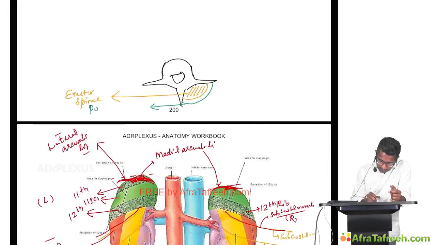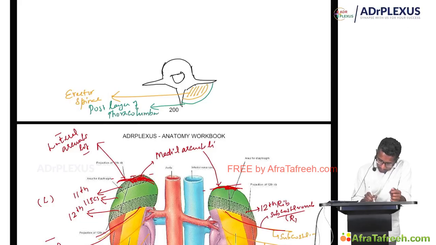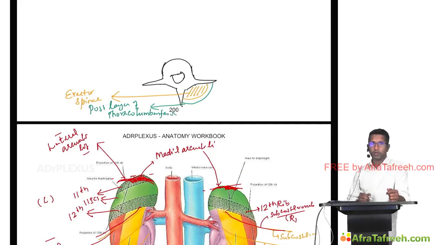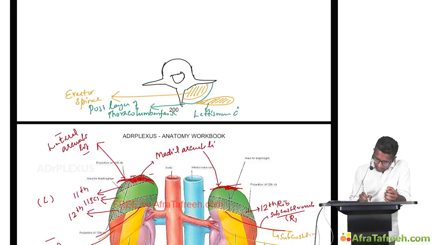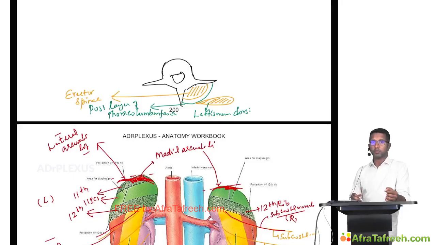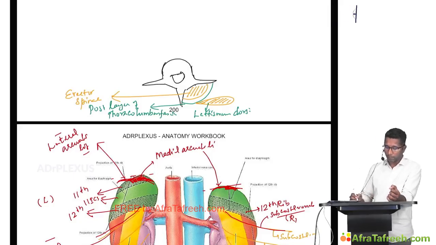Overlying it, arising from the posterior layer of thoracolumbar fascia, is the latissimus dorsi muscle. When we studied latissimus dorsi, we saw its origin; it also arises from the posterior layer of the thoracolumbar fascia.